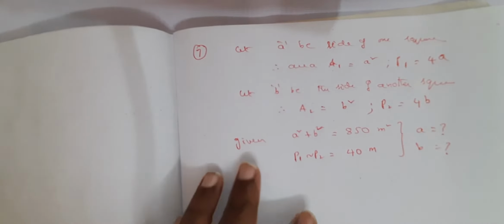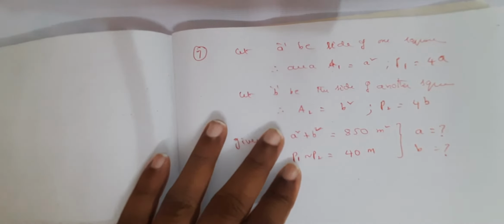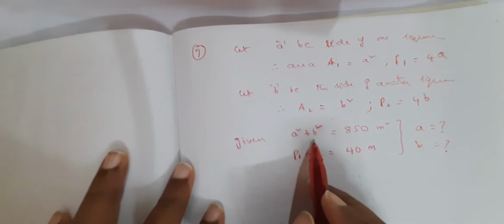So now what we got here is two equations. Now this equation you can convert in A and B. P1 is equal to 4A and P2 is equal to 4B.